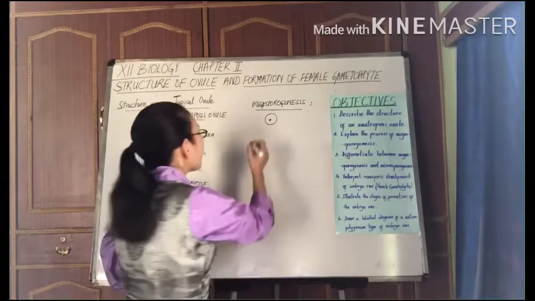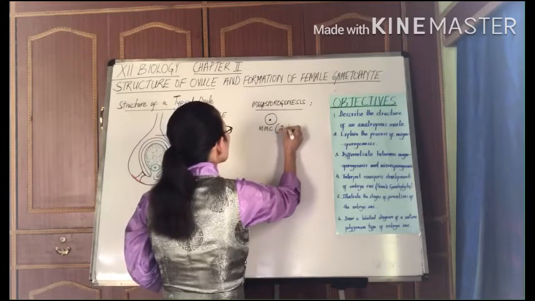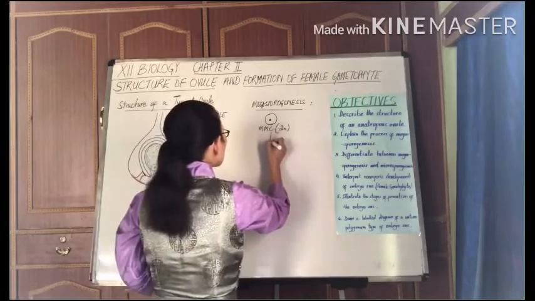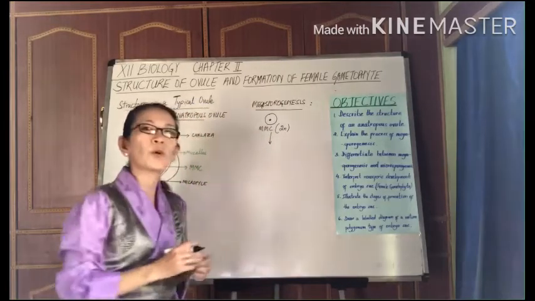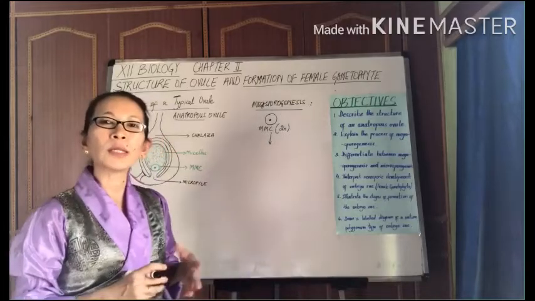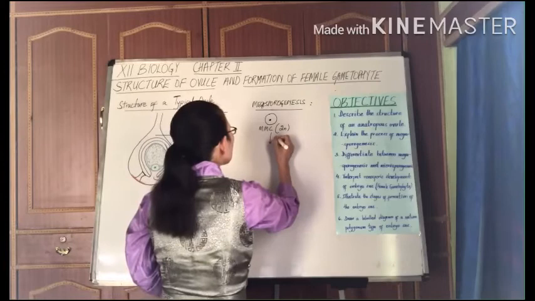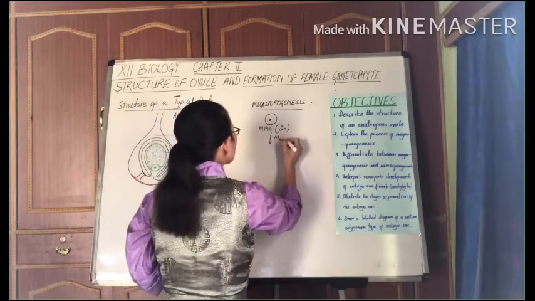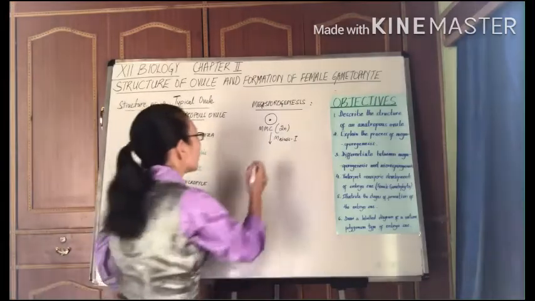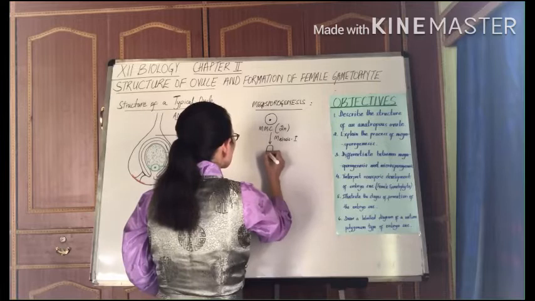So this megaspore mother cell, which is also a diploid cell, would then enter into meiotic division. And because we know that each meiosis has two divisions, after completing the first meiosis, this diploid megaspore mother cell would result in a cluster of two daughter cells.